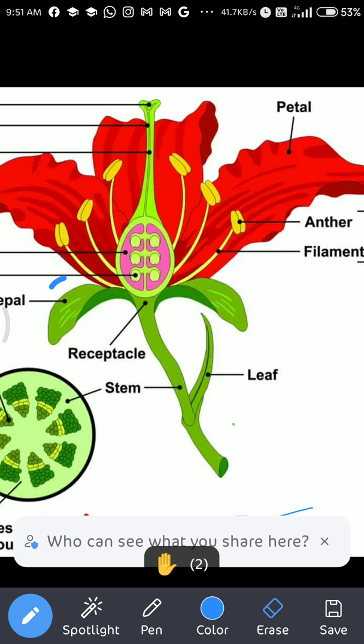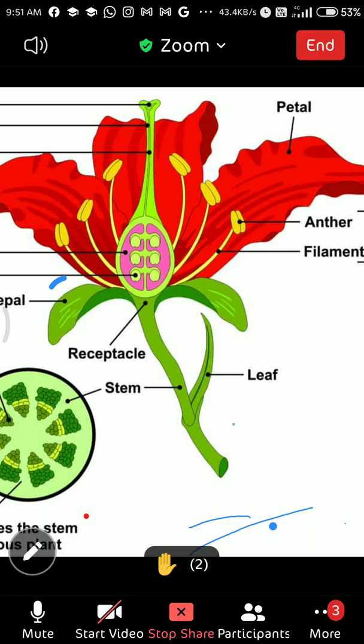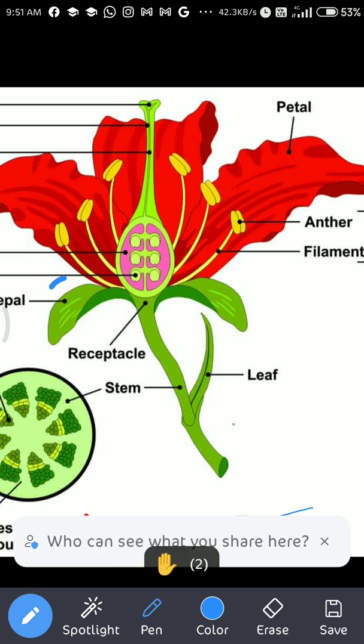Then the third whorl is androecium. Here you just see this yellow color, many structures are there. One, two, three, four, five, six. Yes, anther, but the whole structure, anther with the filament. Anther and filament together are known as androecium.